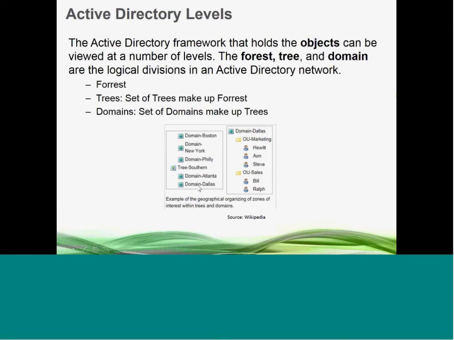And if we break apart this domain Dallas, expand that, you're going to find there's this organizational unit for marketing, this organizational unit for sales. It's kind of a fancy way of calling it a folder. But in here, you're going to have your objects, your devices, your people, your users, whether it's computers, printers, etc.